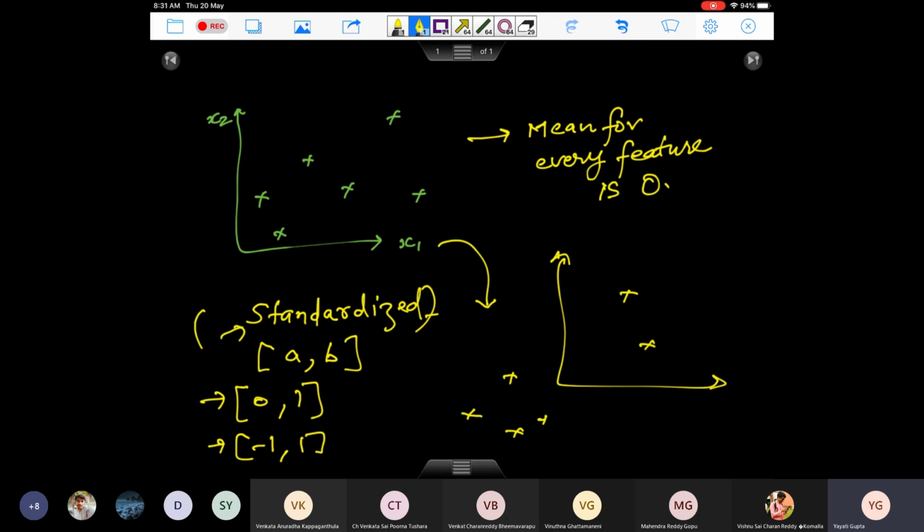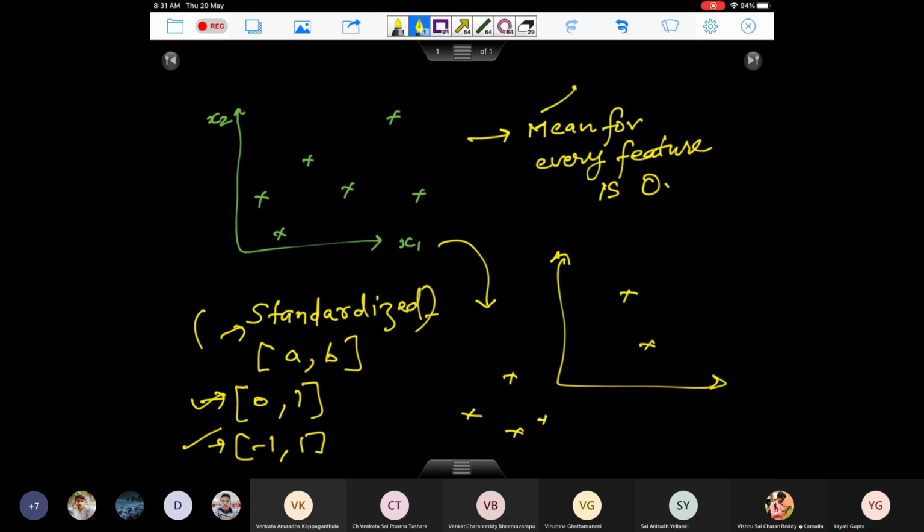These are the preferable ranges. So before even starting anything with your data set, you ensure that the data is centered around the origin. You subtract the mean from all the samples and ensure that the range of each feature is between either 0 to 1 or -1 to 1. That is what people do. This is a pre-processing step.